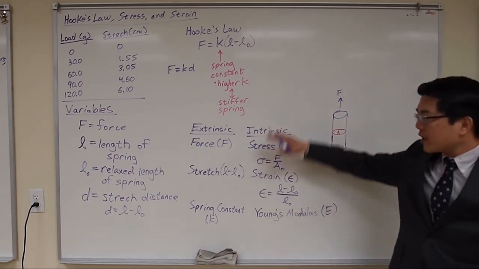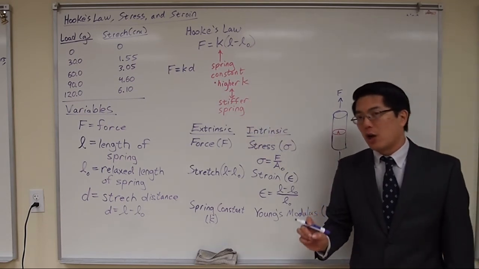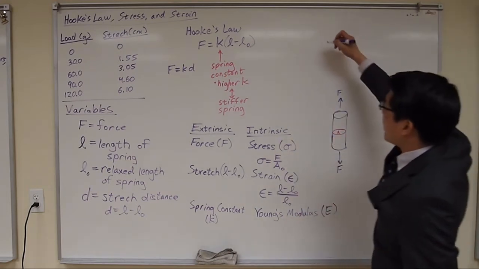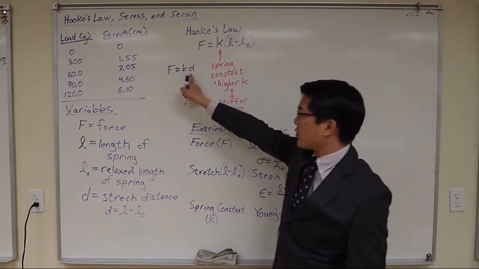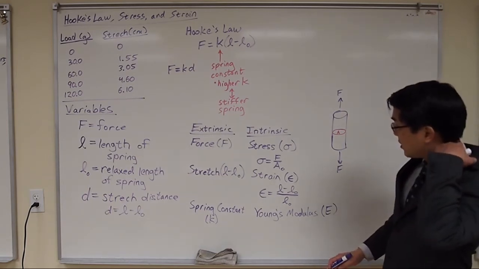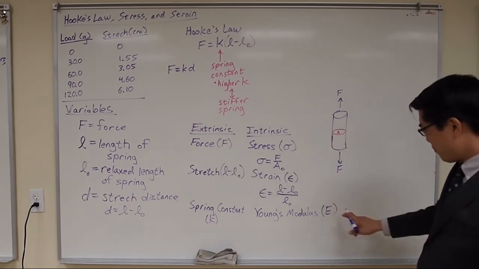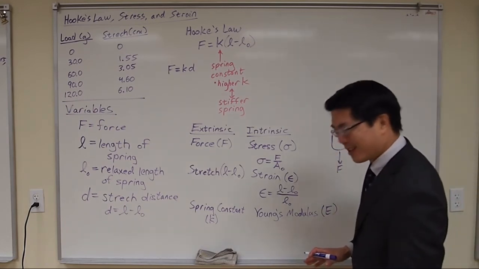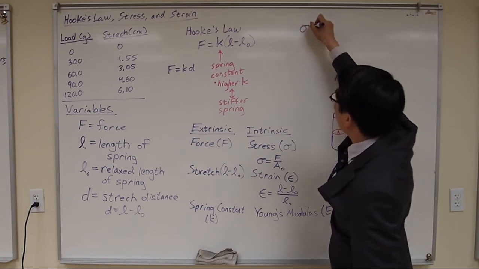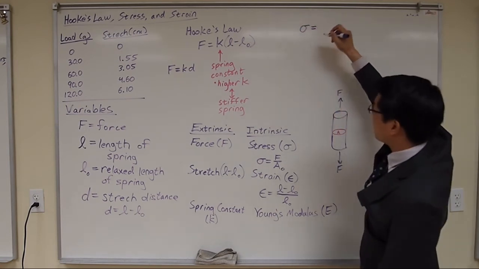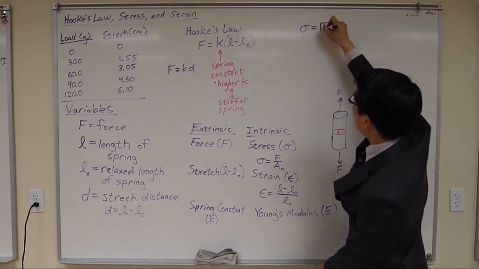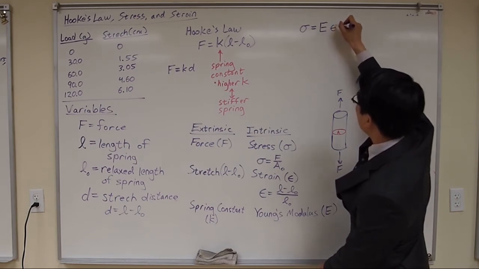So, if we reformulate Hooke's law in terms of intrinsic quantities, let me just stick to what I know. The intrinsic version of Hooke's law is stress is equal to Young's modulus times strain.